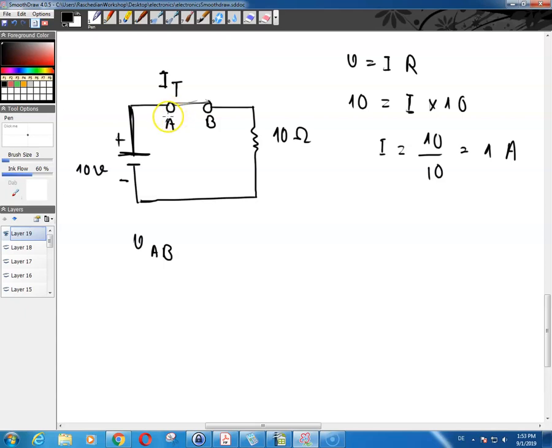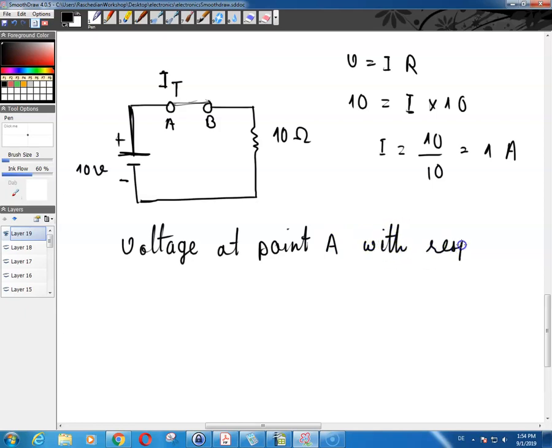So the voltage drop, if you ask what is the voltage at point A with respect to ground. So this is your ground, okay?